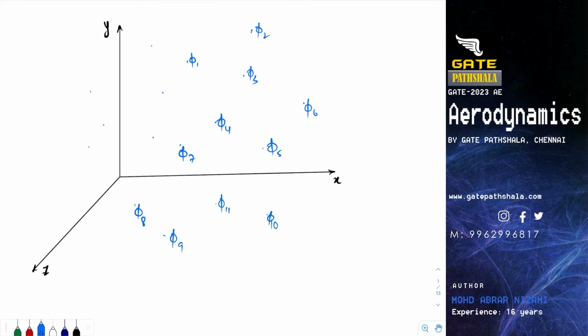Let's say we are at this particular position vector r bar.